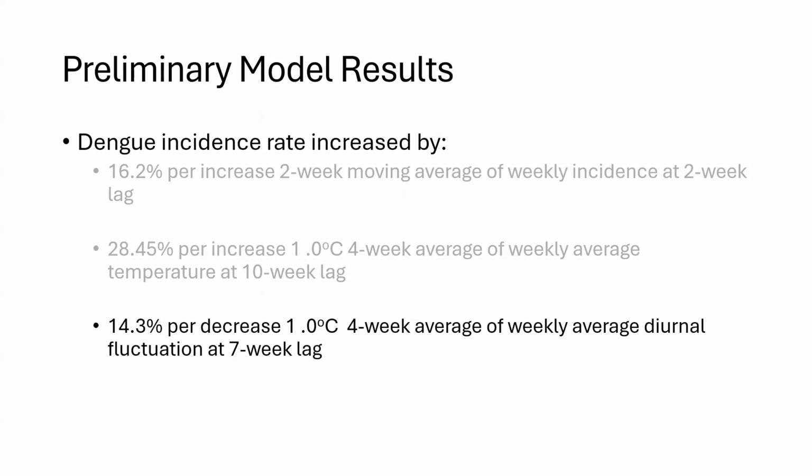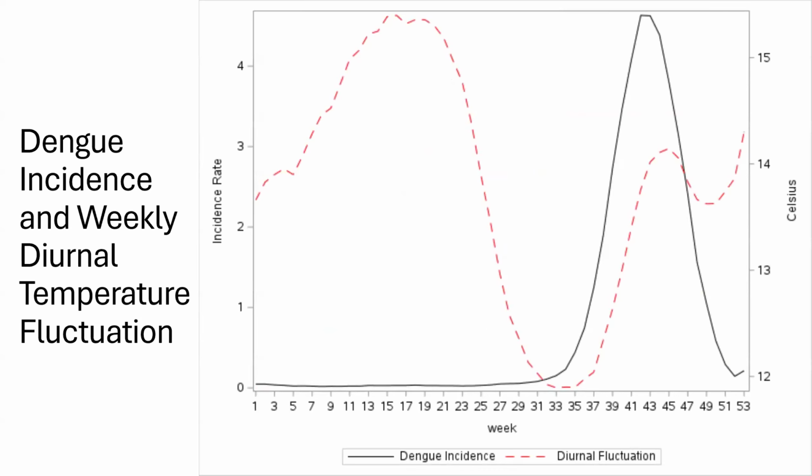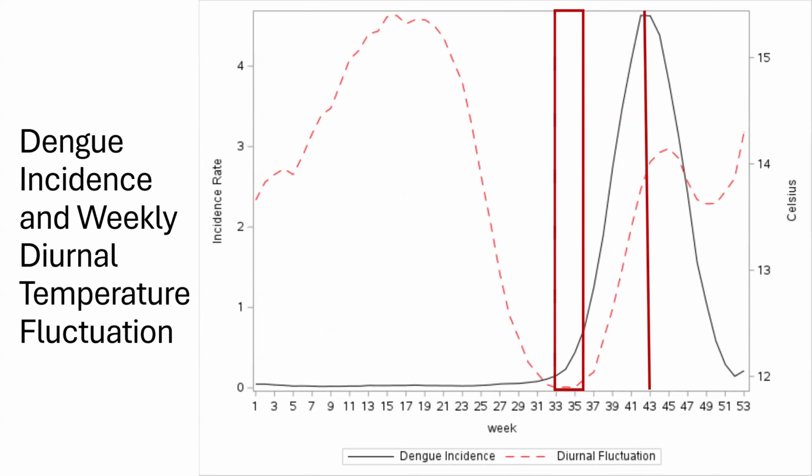We also looked at the average diurnal fluctuation over a 4-week moving average at a 7-week lag, and this was a negative relationship. So for every decrease by 1 degree Celsius in this diurnal fluctuation, we saw a 14% increase in dengue incidence. What that means, if we look at one of our visualizations again, is that for week 43, our peak dengue incidence here, in this period between weeks 33 and 35, for every degree less diurnal fluctuation there was, there was a corresponding increase in dengue cases.